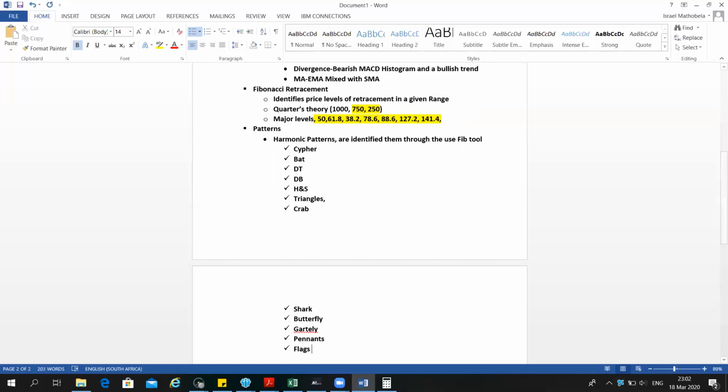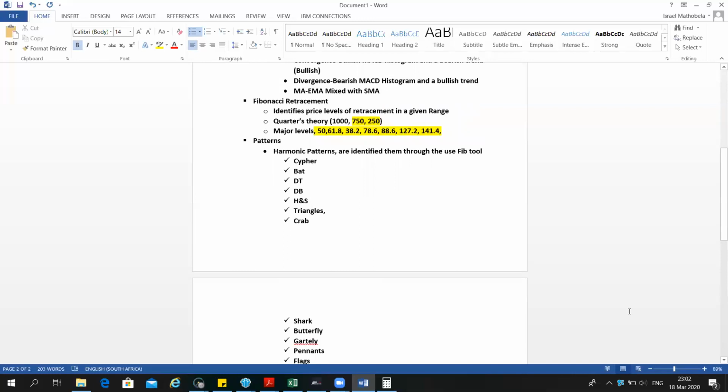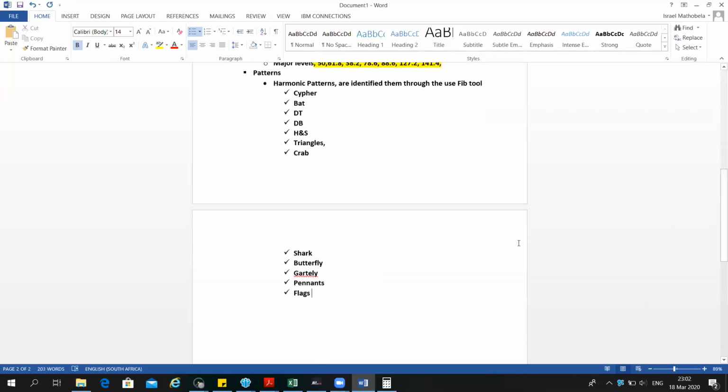They're much easier to identify once you have learned, right? With these patterns, the ones that I'm going to shade are the ones that we are going to use the Fib tools to identify. In fact, all of them, but the others are more advanced, so you need to have gone through the beginning parts of the videos.